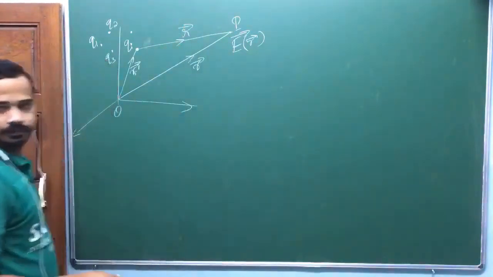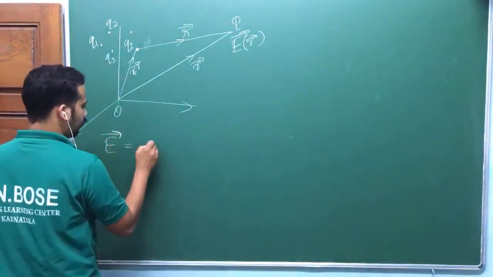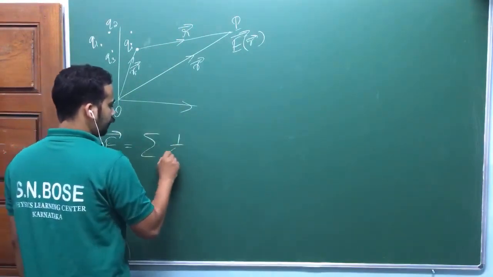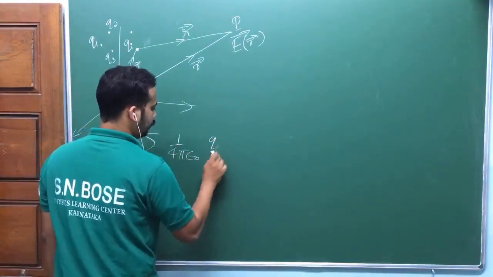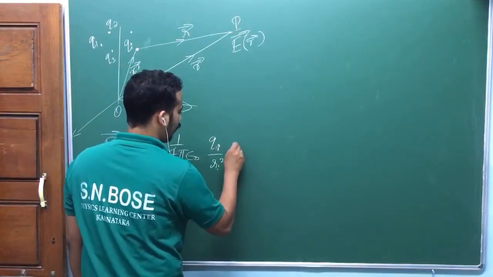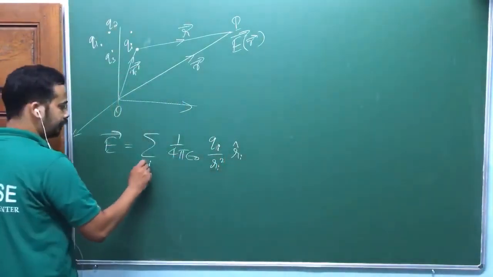Then we have written that electric field as 1 by 4 pi epsilon naught, summation over i, Qi divided by Ri square into Ri cap.